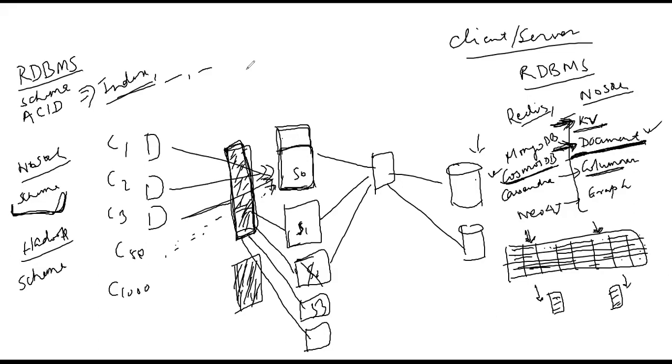But since these are schema-less, you still cannot have everything populated in every column, right? You can have a default value or null value. Yeah, it's similar to a row itself, but the rows can have varying numbers of columns. That is what columnar database means.